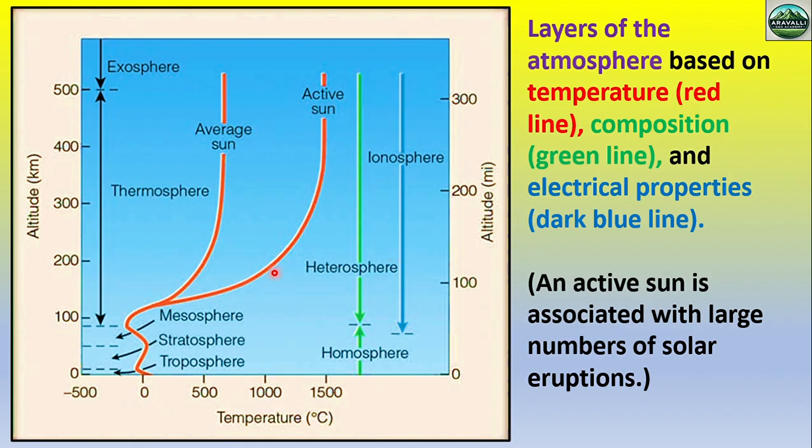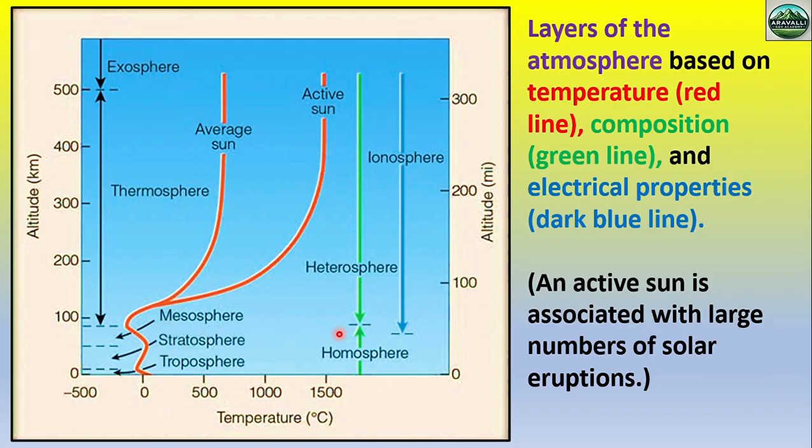The red lines indicate temperature, the green line indicates composition, and the blue line indicates the ionic or electric property. On the basis of temperature, we can classify the atmosphere into 5 layers: the bottommost troposphere, then stratosphere, mesosphere, thermosphere, and exosphere.